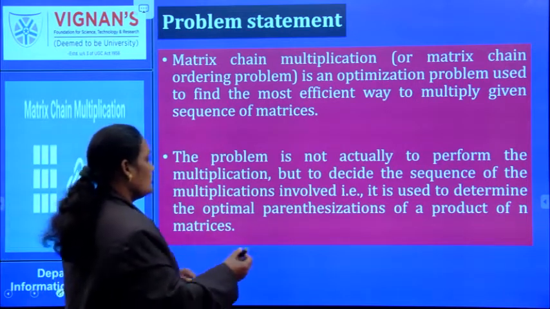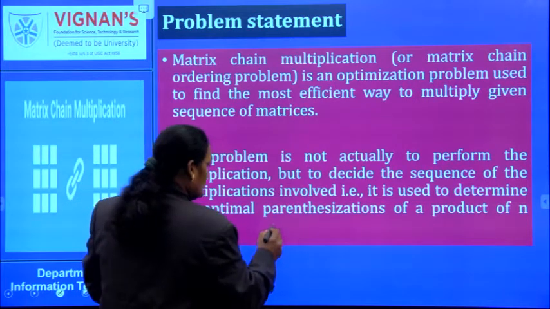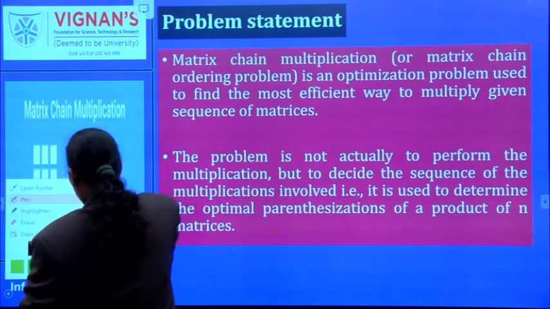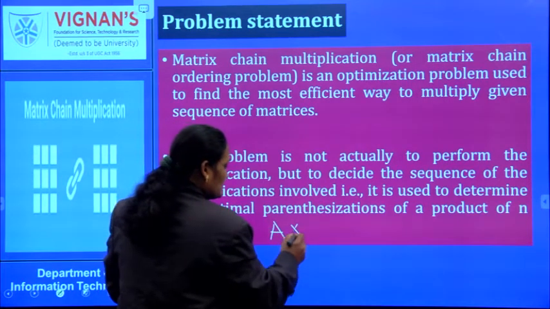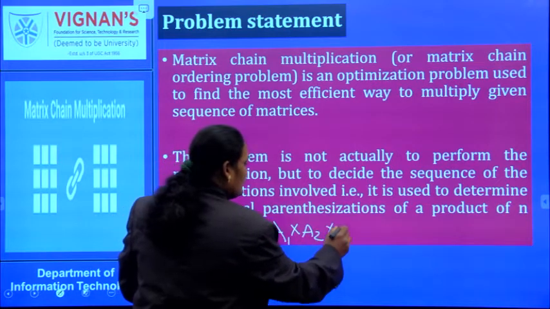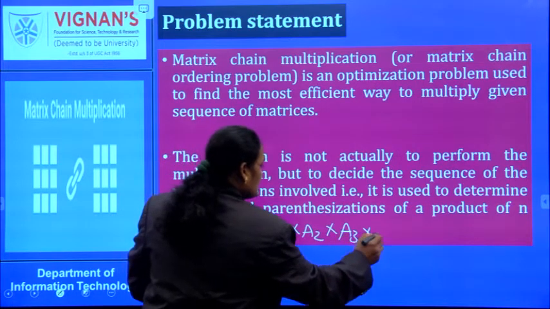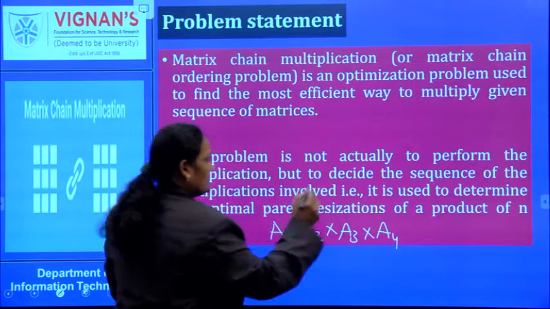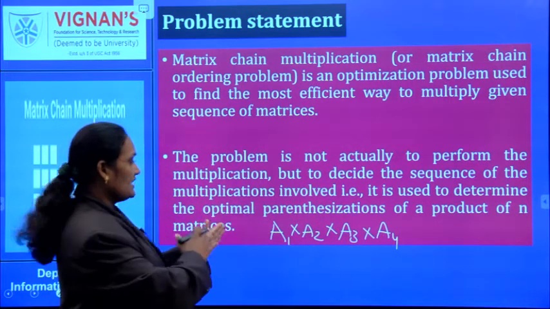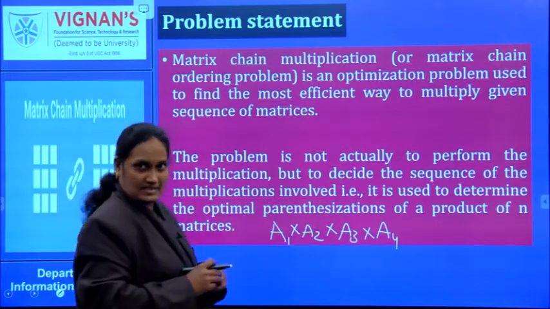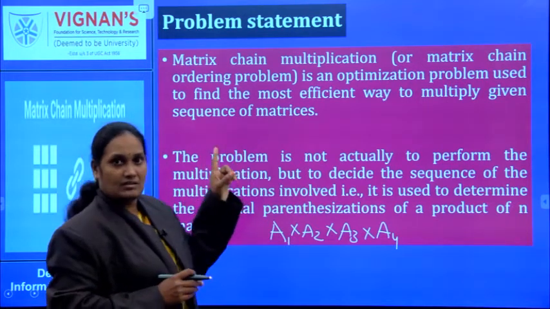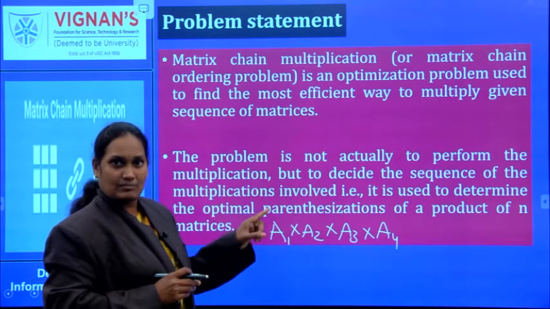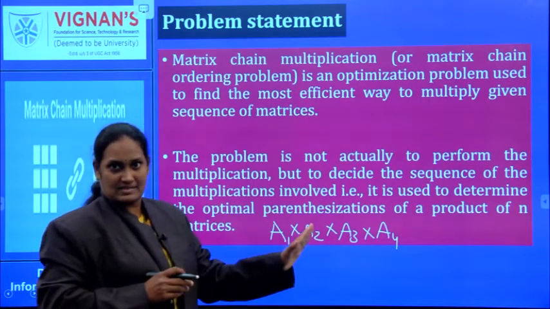For example, suppose we are given a sequence of matrices for multiplication, that is, the sequence of matrices A1, A2, A3, A4. If I want to multiply these four matrices, the matrix chain multiplication does not involve the multiplication of these four matrices.